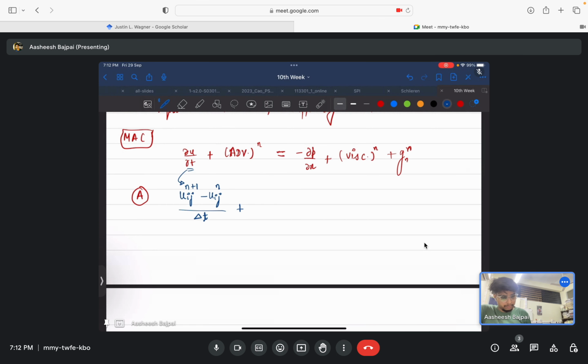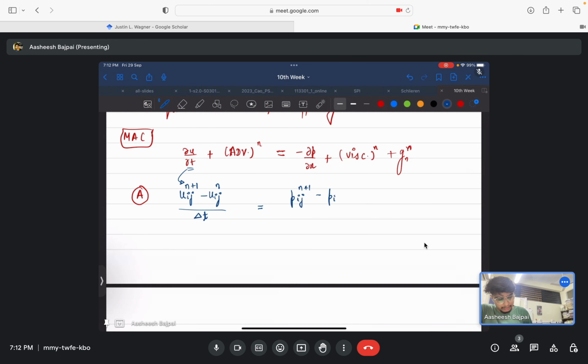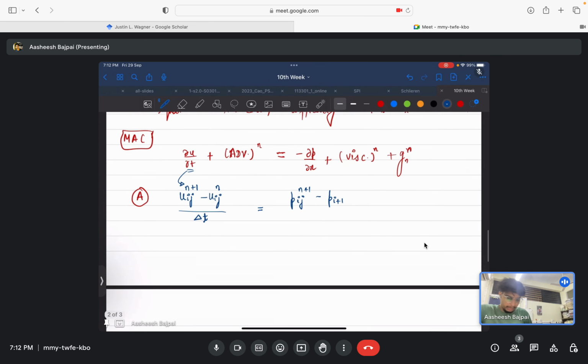This is equal to p i,j at n plus 1th time step minus p i plus 1,j, because it's a negative sign, so I am also doing forward difference in space here, which is also at the n plus 1th step.